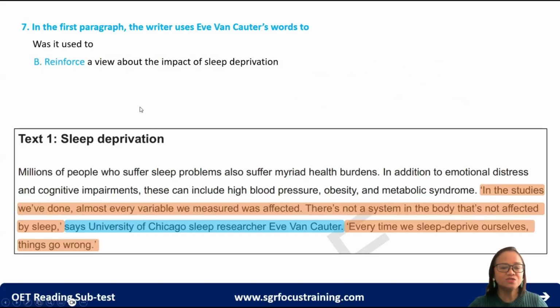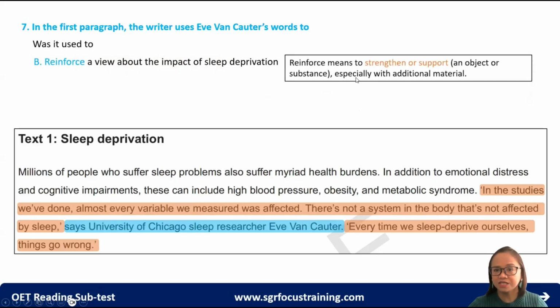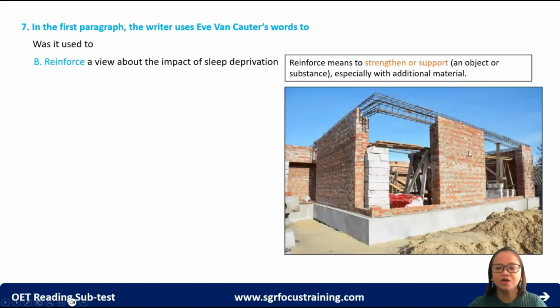Is the writer using Eve Van Coulter's words to reinforce a view about the impact of sleep deprivation? Reinforce means to strengthen something or to support something. Just like when we're constructing a house, in order for our house to be very strong, we need proper support, okay?